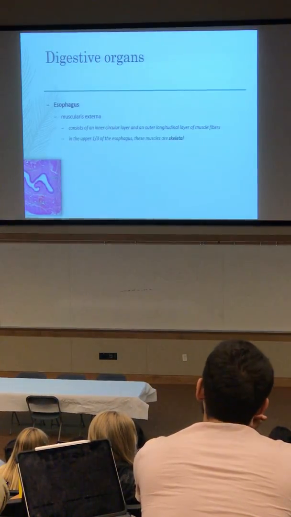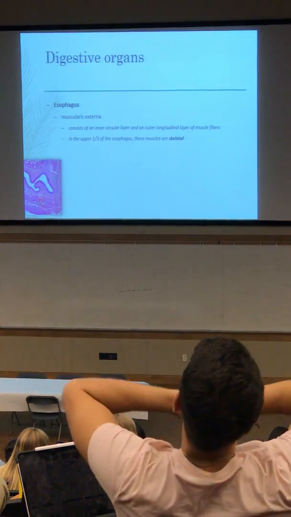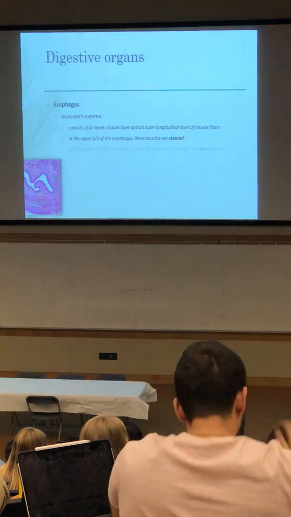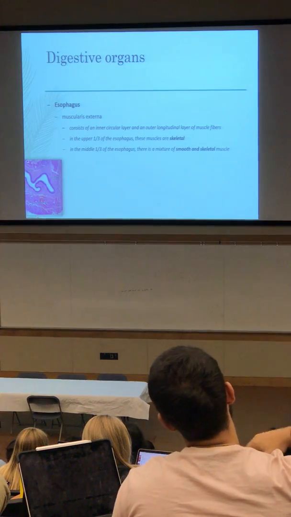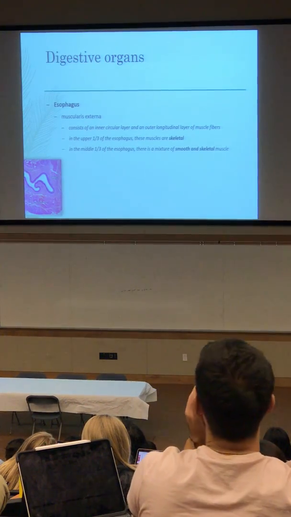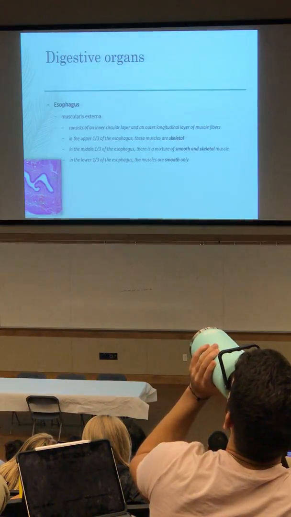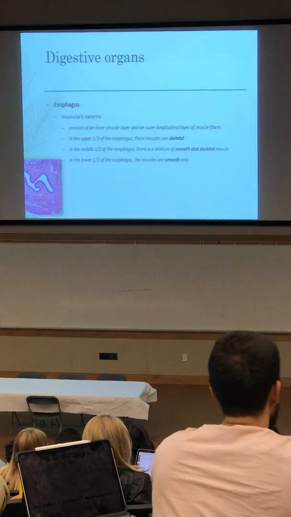So in the upper third of the esophagus, the muscles of the muscularis externa are skeletal type muscles, so they're voluntary. In the middle third, it's a combination of smooth and skeletal, so you'll see a mixture of the two. And in the lower third, it's all smooth muscle and no more skeletal. So you can see that there's sort of a transition that takes place as you move down the esophagus.